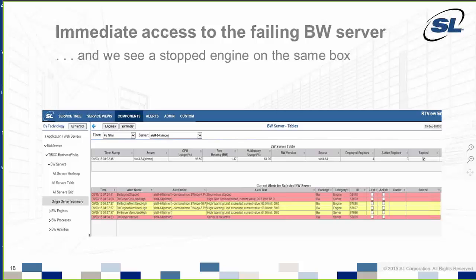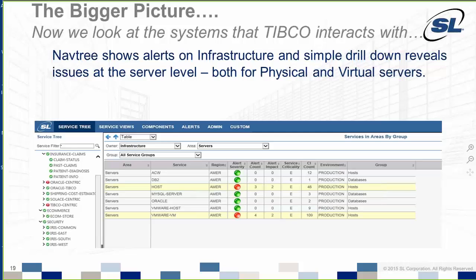Now the same thing would apply if this engine was one engine out of hundreds of engines, or it was one process out of thousands of processes, or perhaps one queue out of tens of thousands of queues. It really doesn't matter. The same drill down system will get me to the failing component within just a few clicks. Okay.